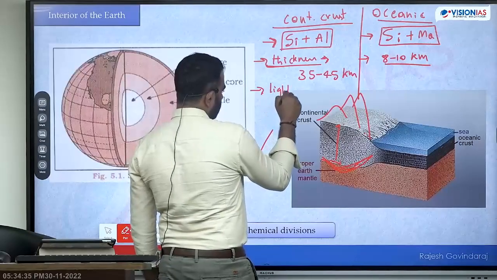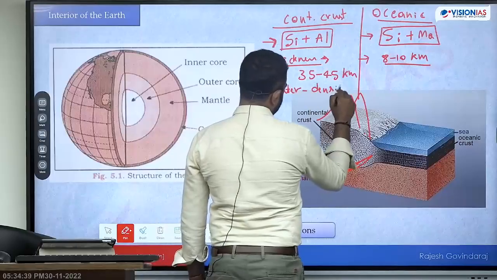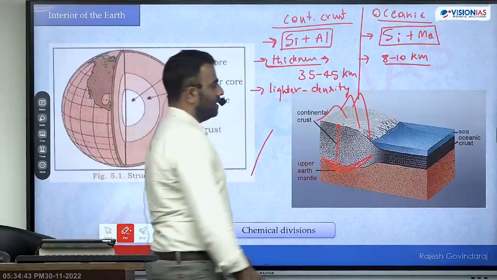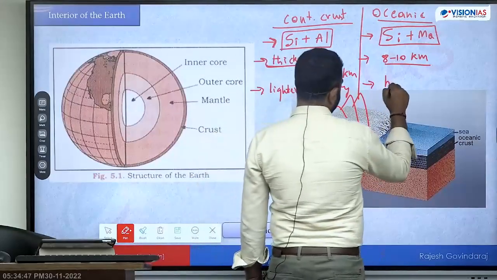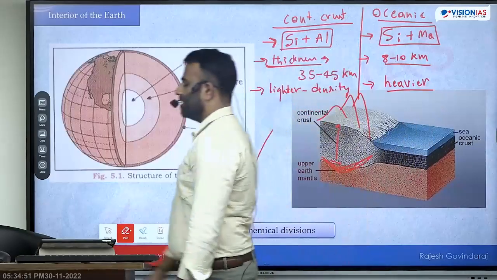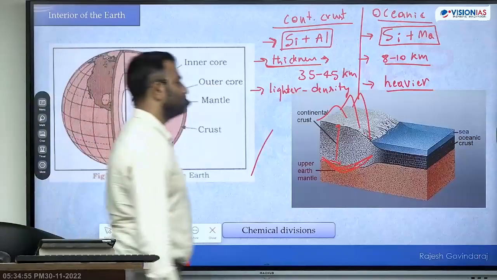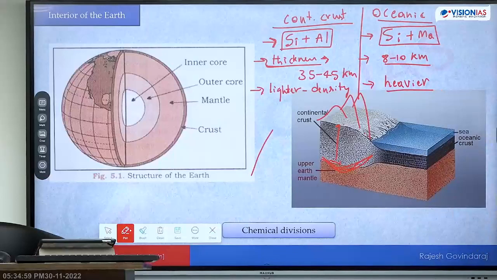However, in terms of density, it is lighter. In terms of density, it is heavier. Lighter in density, heavier in density. इसका मतलब क्या है?